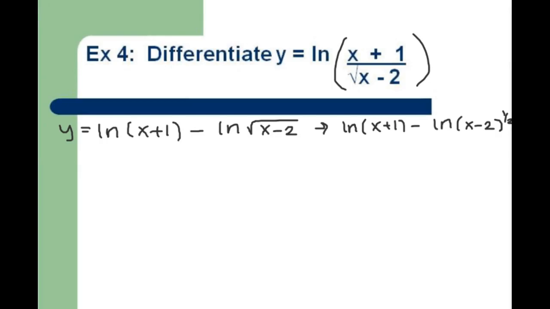But we know that if we have a natural log raised to a power, we could bring that power out in front as a coefficient. So that complicated quotient rule can become a much simpler set of two natural logs.